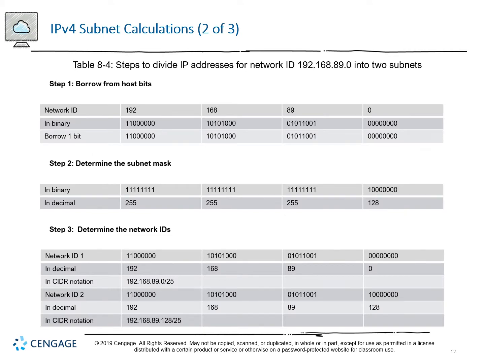So let's go ahead and take a look at an example calculation. In table 8.4, we have the steps to divide IP addresses for network 192.168.89 into two subnets. So here we're going to do our host bit borrow, if you will. So we've got our binary representation, 192.168.89.0.